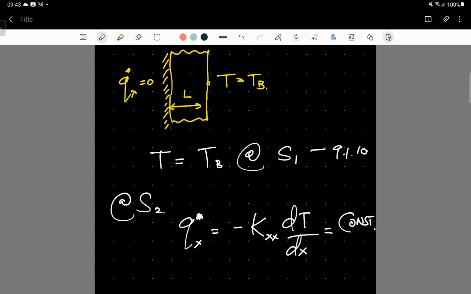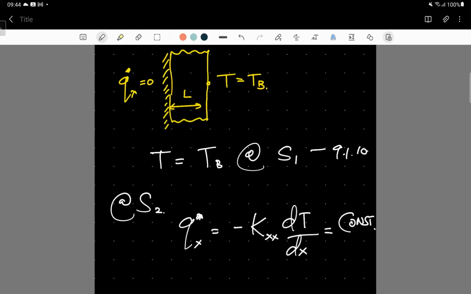And in the case of an insulated boundary, we know the heat flux is 0 at that particular boundary. Applying these proper boundary conditions, we can solve this differential equation. This is the case for the one-dimensional heat conduction problem, that is, without the convection term.